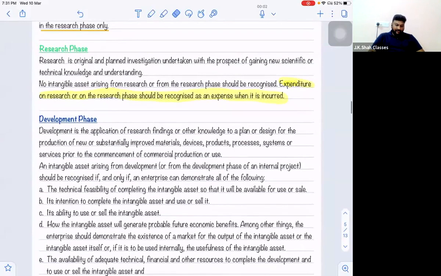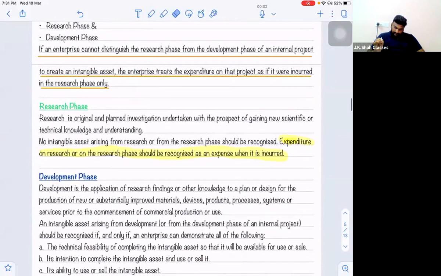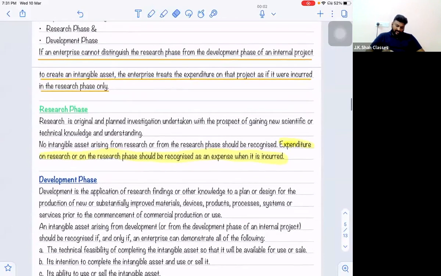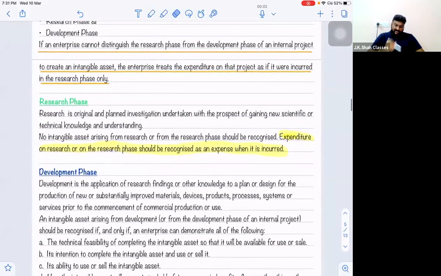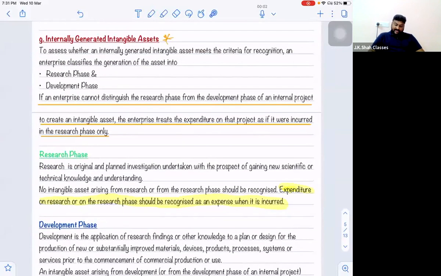So I'll read it from here. To assess whether an internally generated intangible asset meets the criteria for recognition, an enterprise classifies the generation of an asset into 2 parts, that is research and development phase.